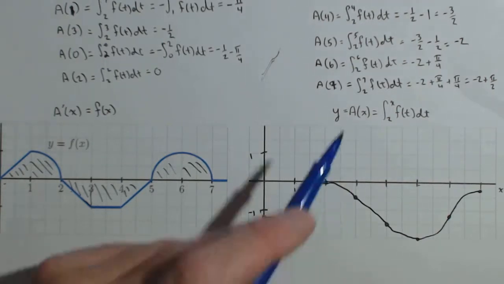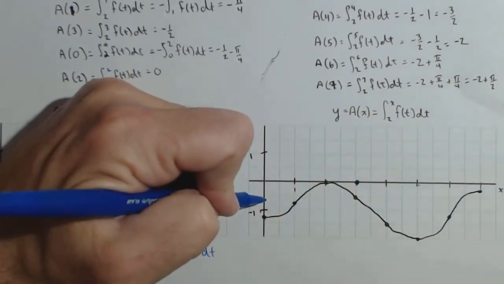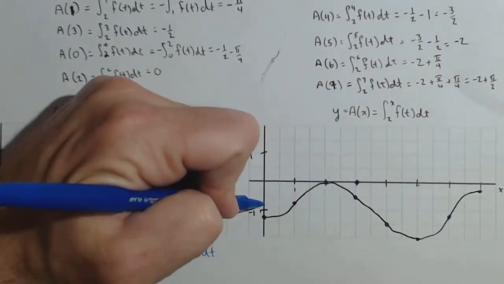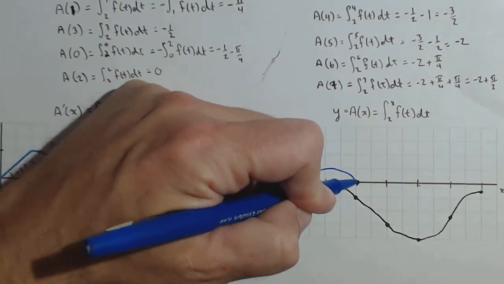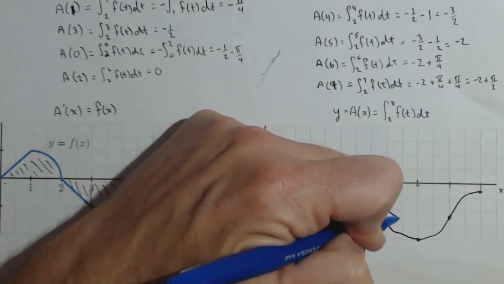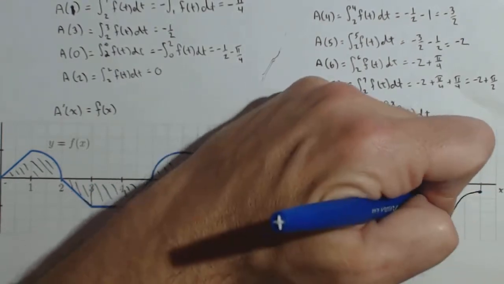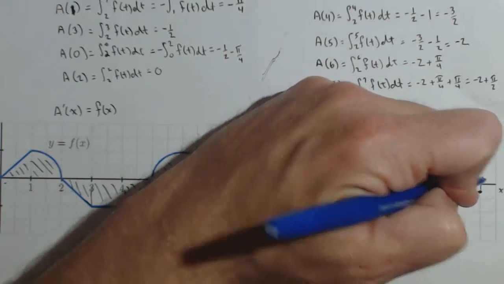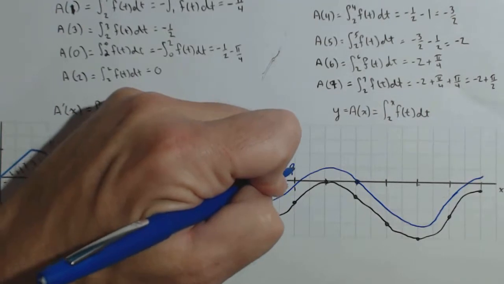So that tells me 1, 2, 3. There's that one, and now it's just going to be a vertical shift. You can see it moved up by about a half, so all my points are going to go up by about a half. And I'm going to be able to sketch a very similar shaped graph. So there's y equals B of x.